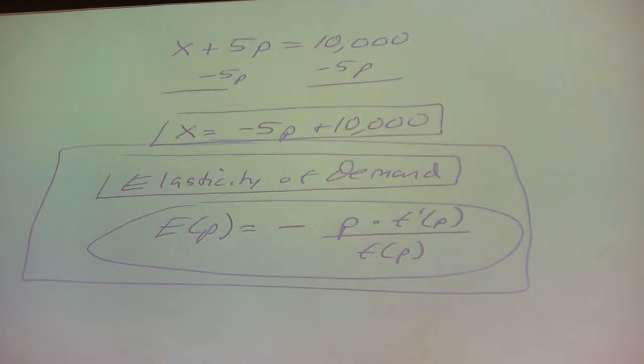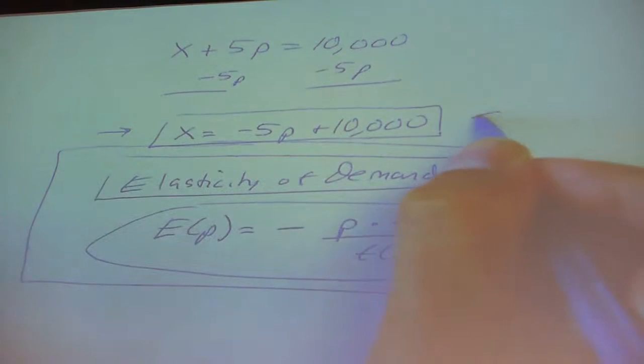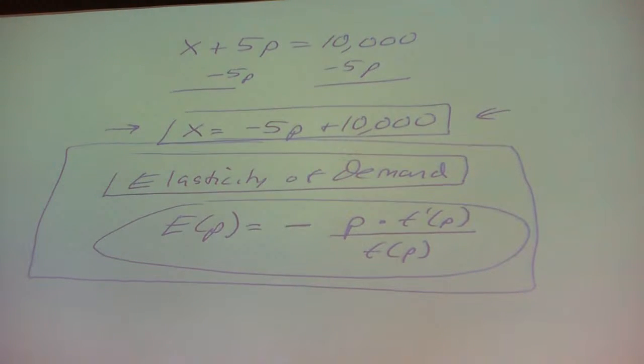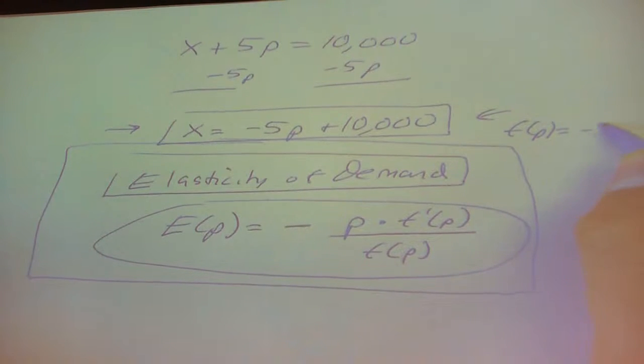And this is our function. x equals negative 5p plus 10,000. So we can actually call that f of p equals negative 5p plus 10,000.